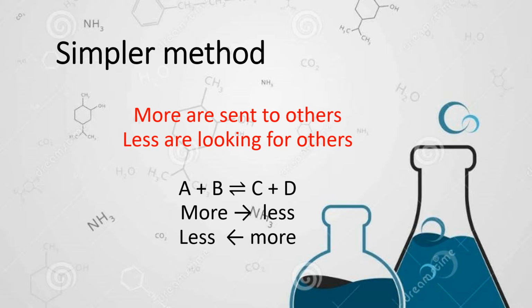Or if D is more, then it will be sent to A or B, so the equilibrium will shift to the left. Is this a lot easier to remember?